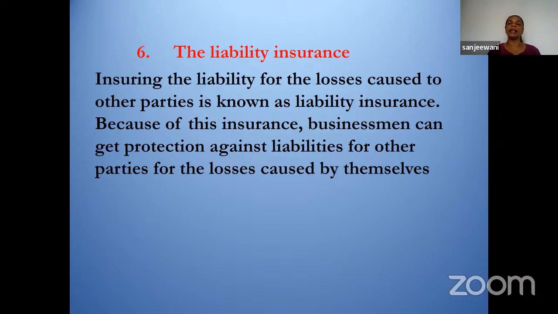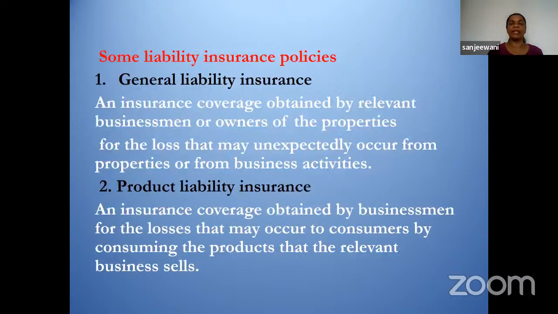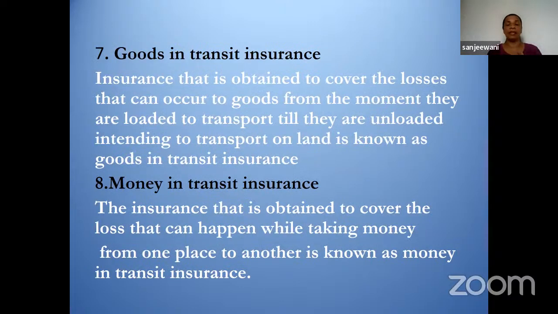Now these are some of the liability insurance policies: general liability insurance, product liability insurance, and employer liability insurance. Those are the three we discuss under liability policies. General liability insurance, what is it?